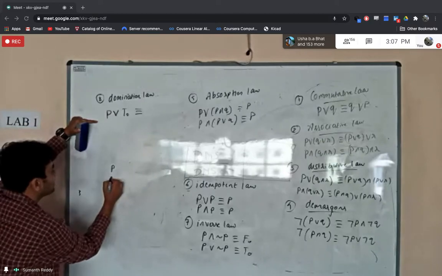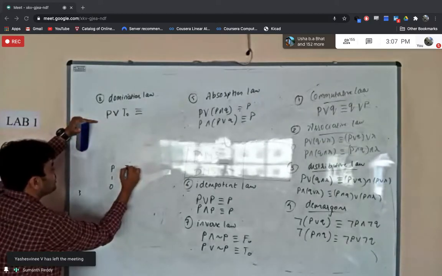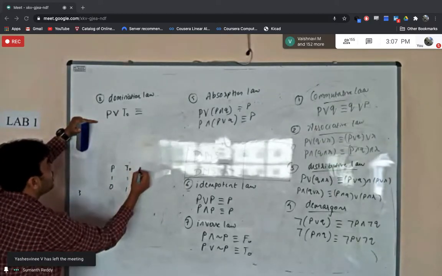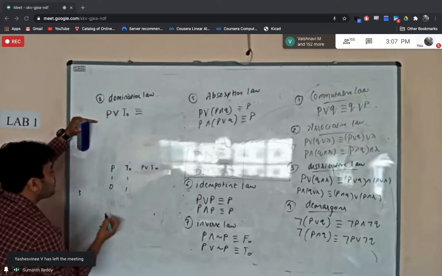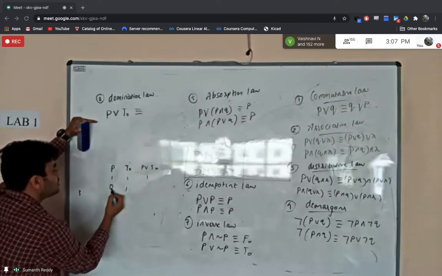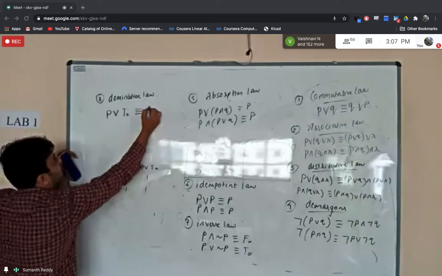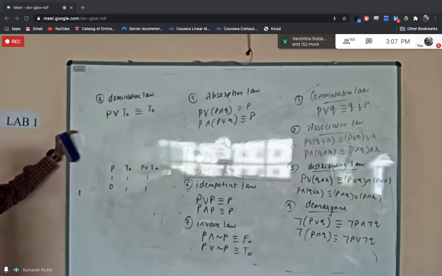P is a proposition which will take the values 1 and 0. Tautology means it is always ones. If I perform the OR operation, 1 or 1 is 1, and 0 or 1 is again 1. So again I will get tautology. So this is the domination law.